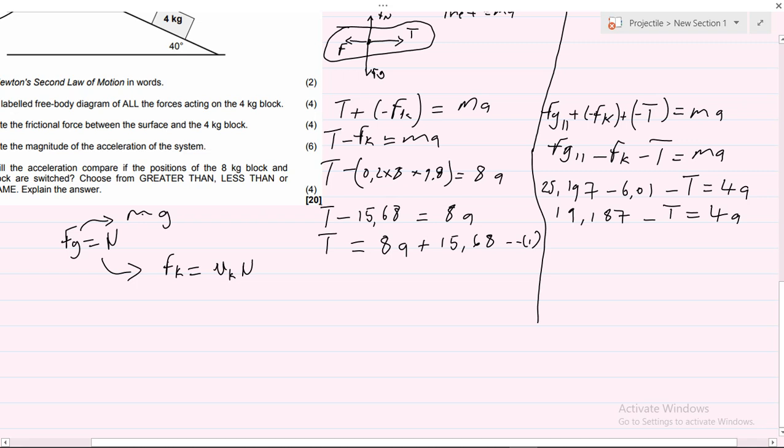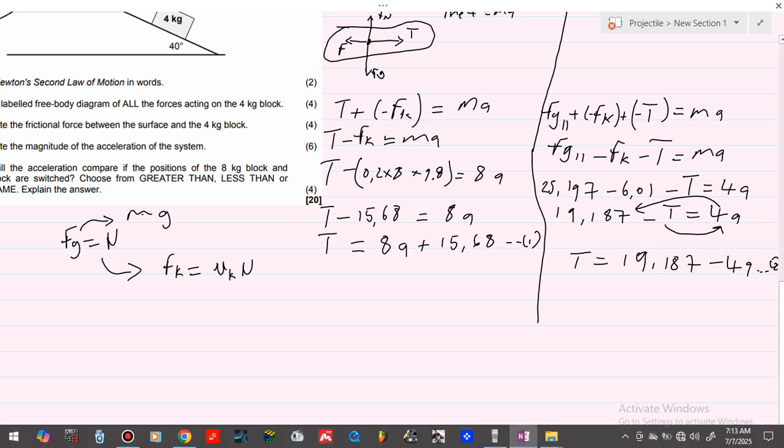So when we take T and keep it here it will be positive, and when we take 4a it comes from here, so 19.187 minus 4a. I hope you can see what happened. We took T and brought it over so it became positive, and took this and moved it over so it became negative. So now we have two equations, whereby this is equation number 2.